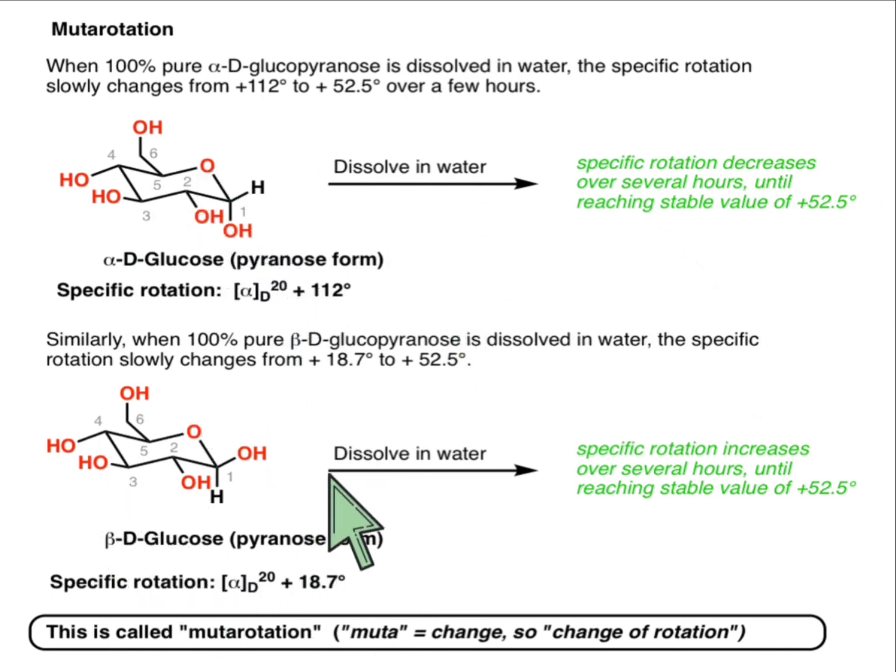Same thing in the case of the beta form: the specific rotation is 18.7, but with time some of the beta form converts into alpha form until the specific rotation changes from 18.7 to 52.5 and reaches a stable value. When it reaches this stable value, that means the solution is at equilibrium.